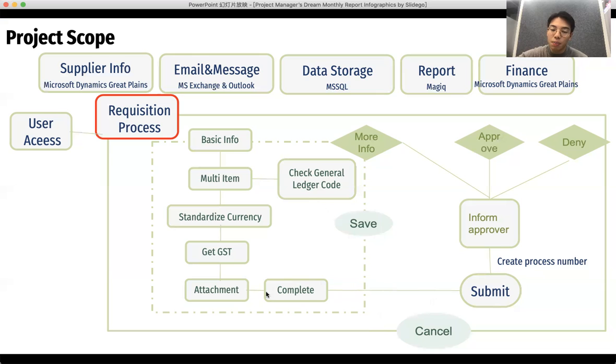But once they complete and submit this online form, it will create a process number for this requisition process, and that signal would inform the approver, and the approver would decide whether this process should be added with more information, or is approved or denied.